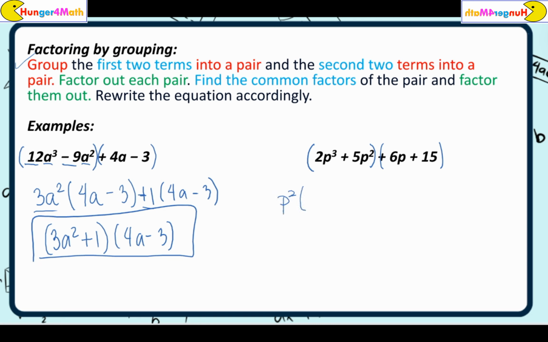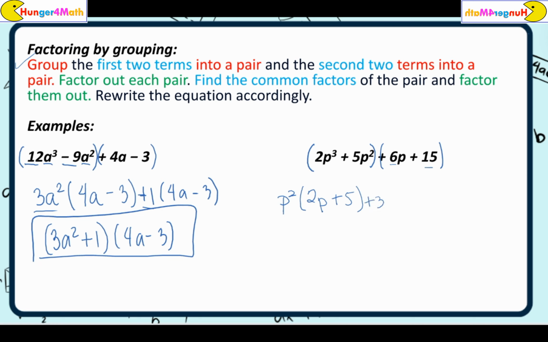So we're going to divide it. 2p cubed divided by p squared is 2p. Then 5p squared divided by p squared is plus 5. Then here, 6 and 15, it is by 3, so plus 3.